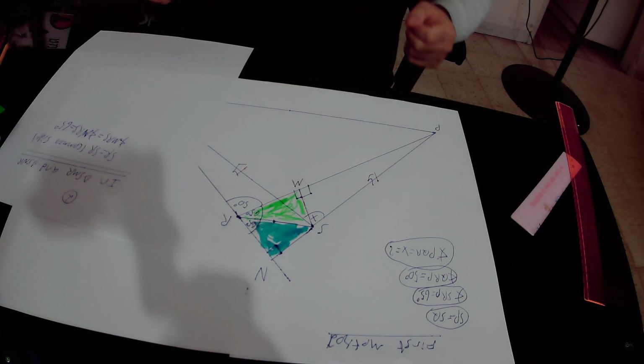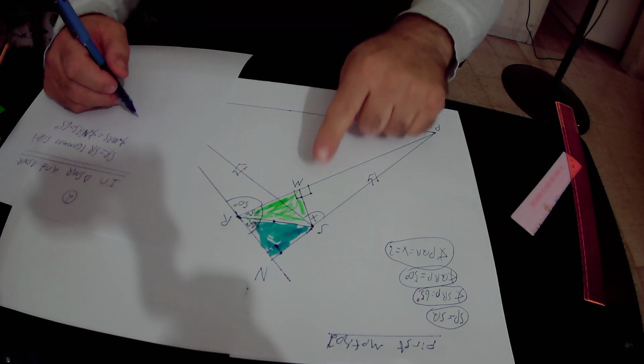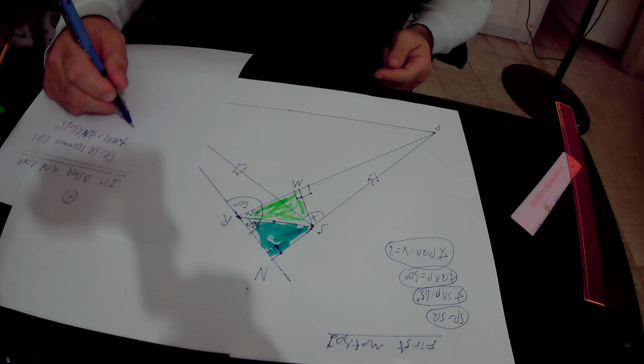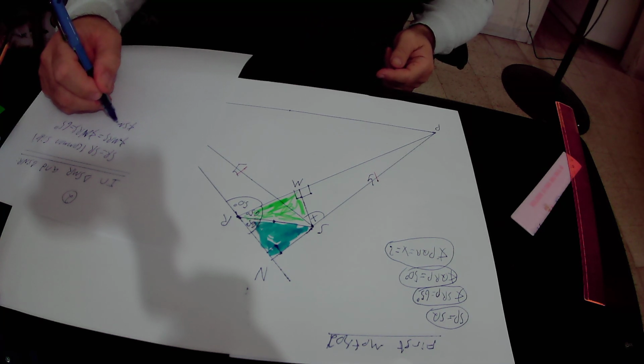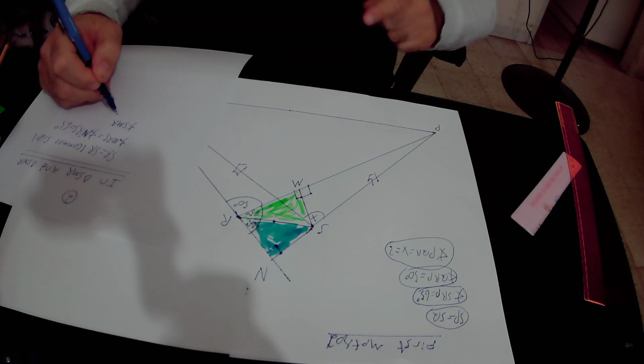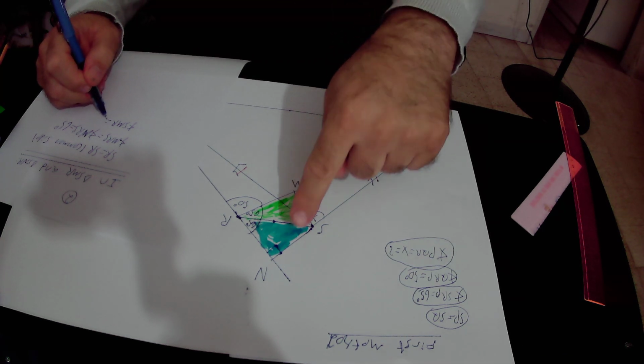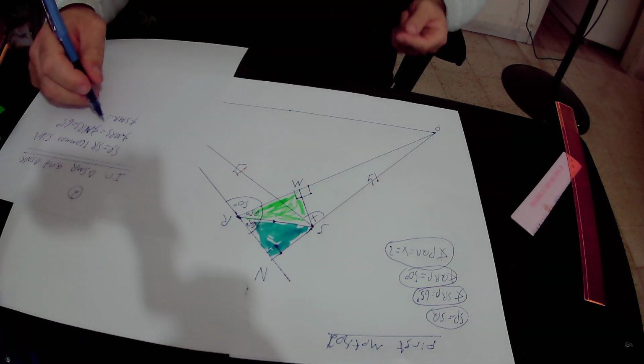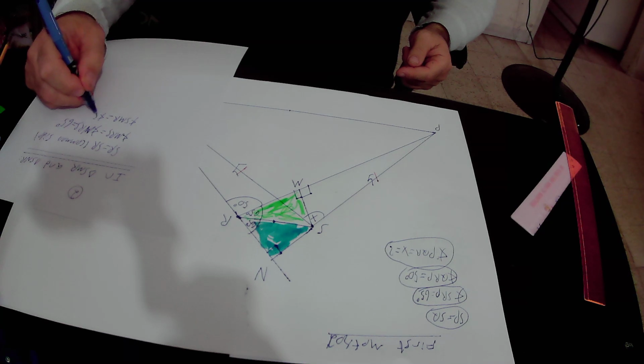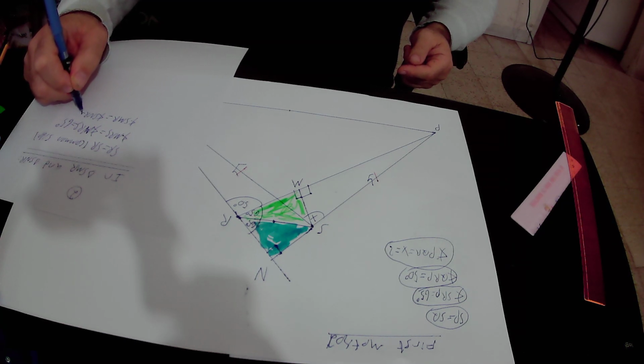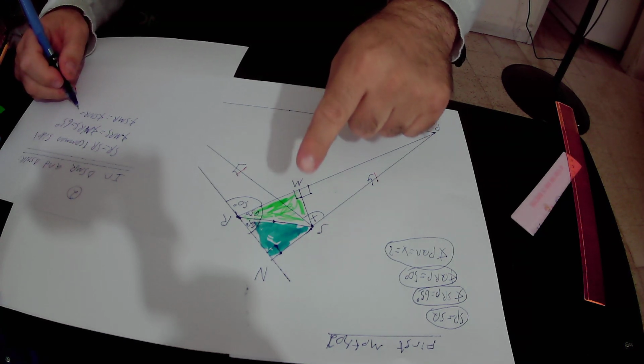They are equal to 90 degrees. So angle SMR, this angle in the green triangle, is equal to angle SNR in the blue triangle, and they are both equal to 90 degrees.